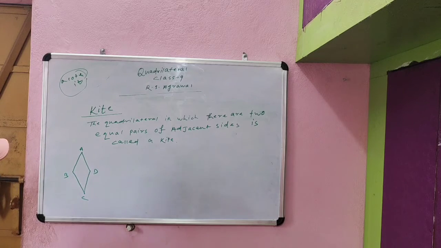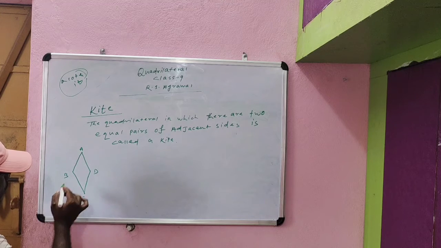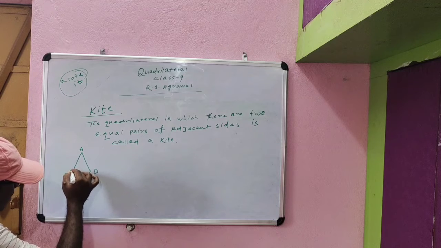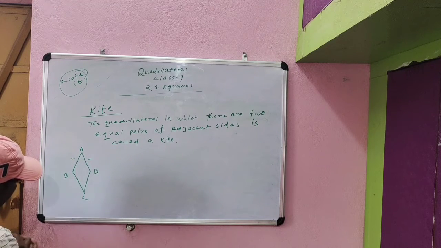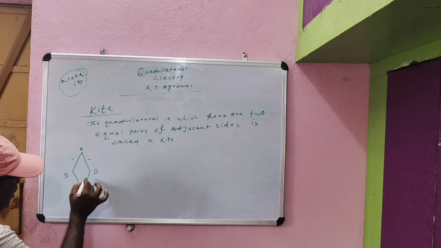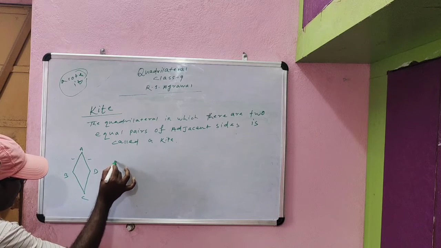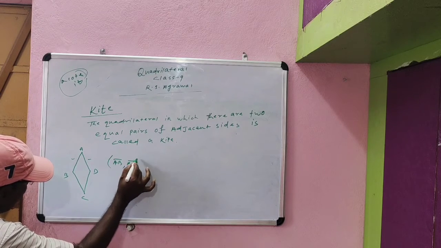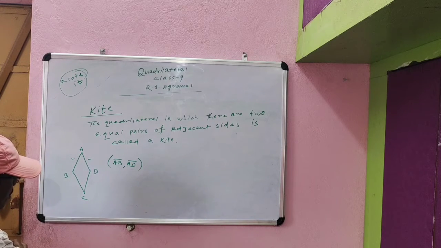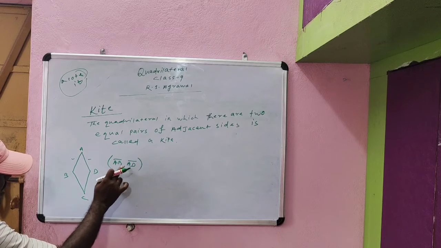In it, the two pairs of adjacent sides: suppose AB and AD is one pair of adjacent sides, and BC and CD is the other. Why are these two sides called adjacent?